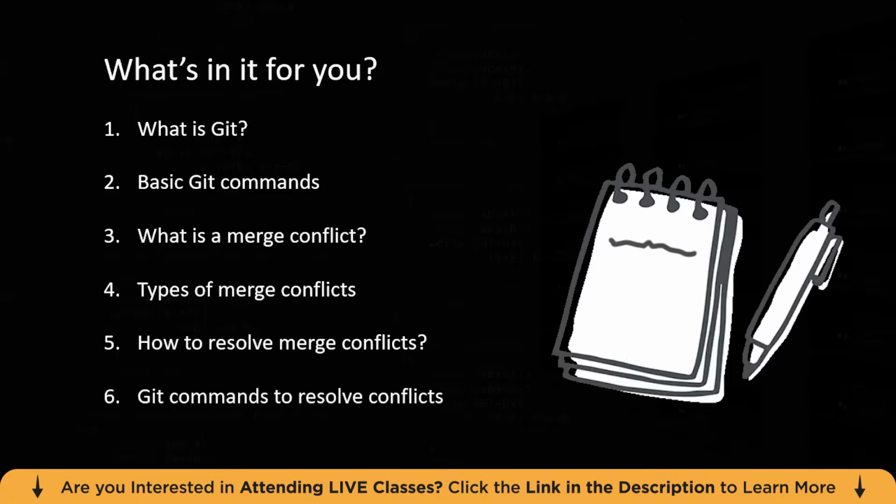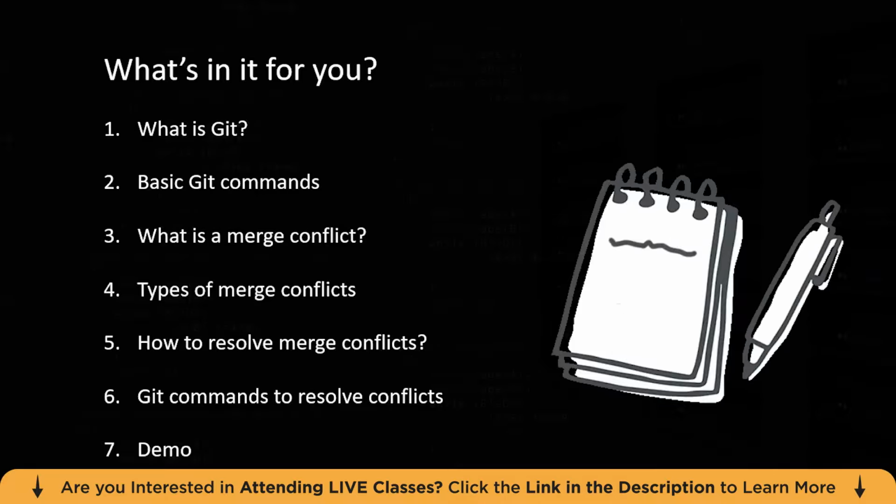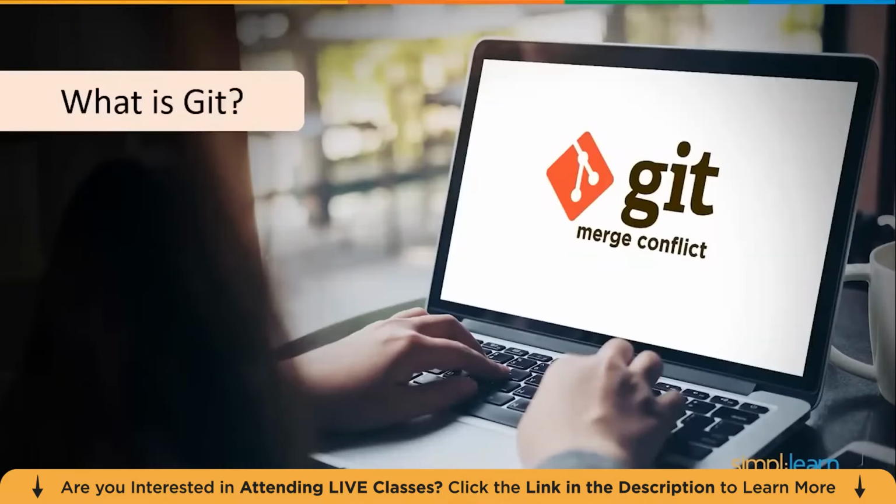And then the last one is the various Git commands involved in resolving these conflicts. And then we will be going on with a small demo to better understand how these conflicts can be resolved altogether. Right, so let's first of all talk about what exactly a Git version control system is.